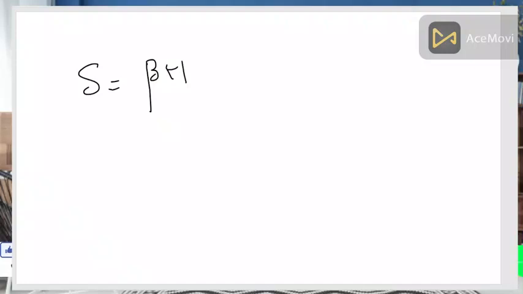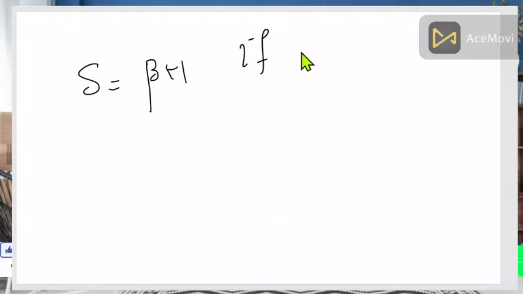Now as I told you, if beta is 100, then S is 101. This means the collector current is changing 101 times faster than the reverse saturation current.